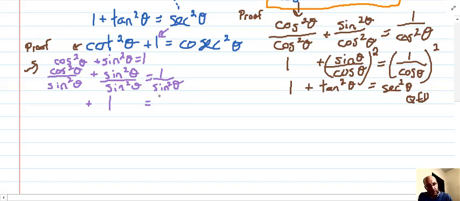That's good. Now 1 over sine squared theta is 1 squared over sine squared theta, which is 1 over sine theta, all squared.